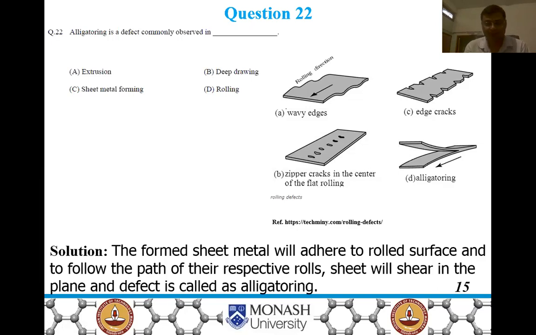So the upper portion of the sheet will stick to the upper roll and the lower portion of the sheet will stick to the lower roll. So actually it will split, and this defect is called alligatoring. So the correct answer is D, rolling.